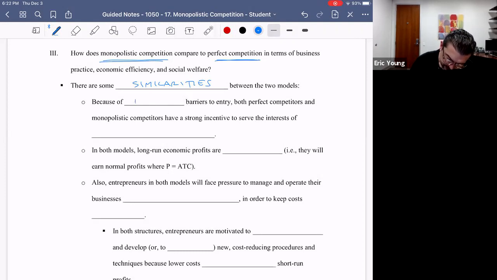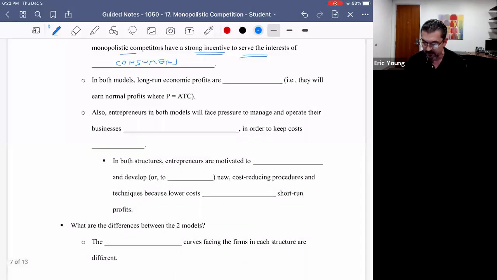Well, number one, because of low barriers to entry, both perfect competition and monopolistic competition are going to have an extremely strong incentive to look out for, identify, and serve the interests of consumers. Remember that both of these industries have really intense competition, and therefore the players in these industries are going to have extremely strong incentives to serve the interests of consumers.